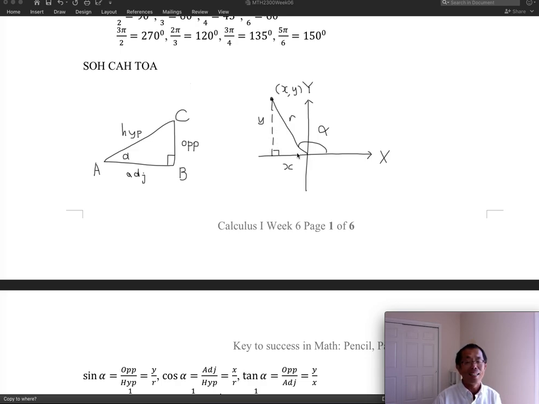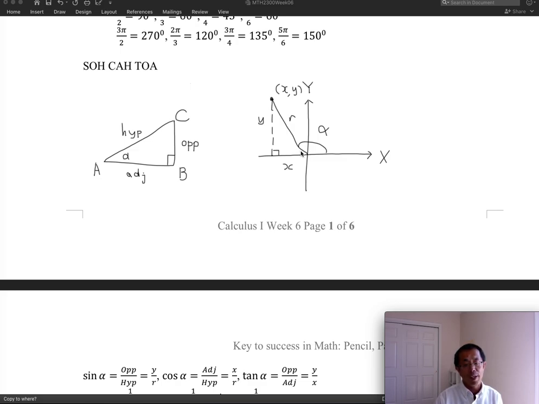When we are working on this angle alpha, to match it, this would be the angle inside the right triangle. It is the supplementary angle. The sum of the two angles equals 180 degrees, which equals pi.